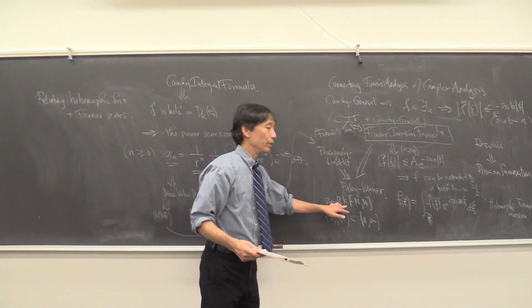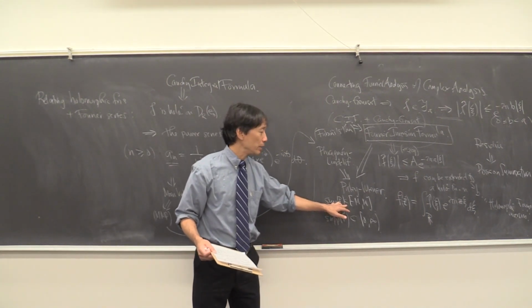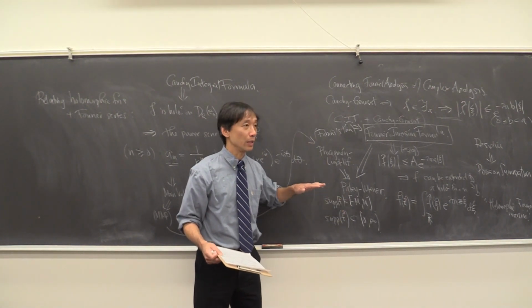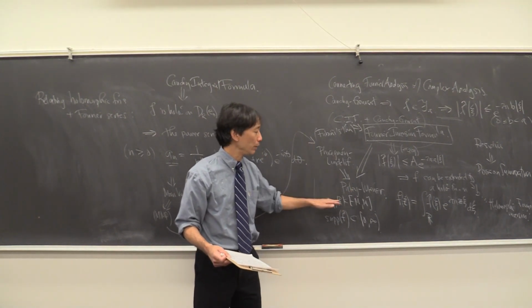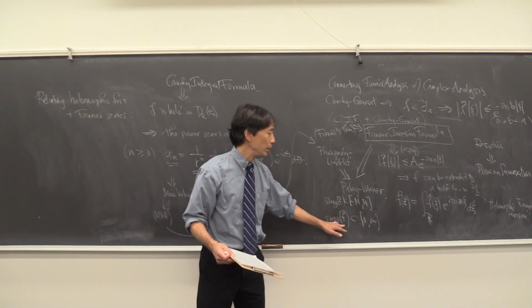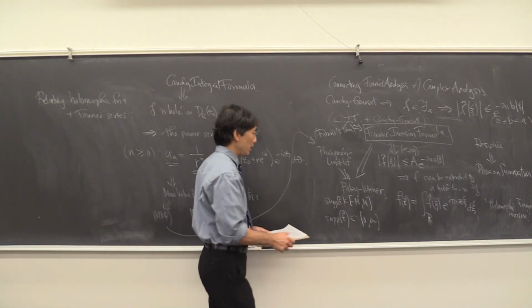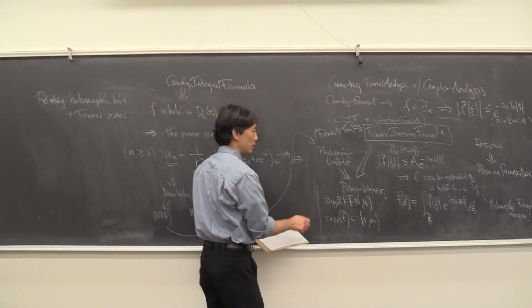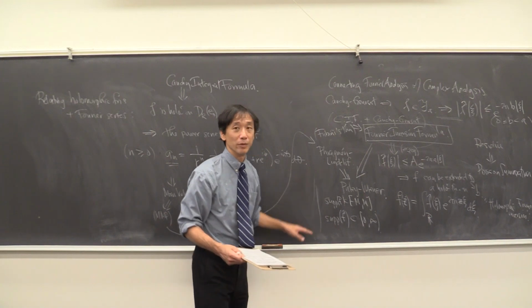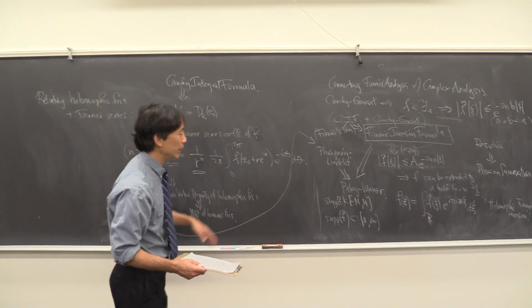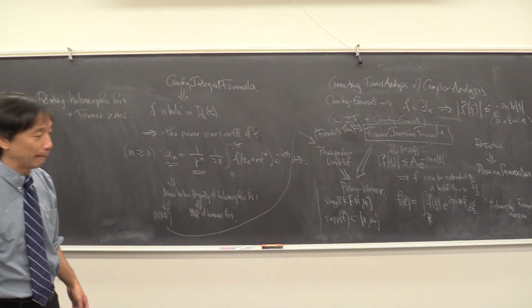This was the one where you could extend your function to an entire function in the plane with certain growth, and this was the one where you could extend it to the upper half plane. So these are apparently the two original theorems of Paley and Wiener. They're the classical Paley-Wiener theorems, and there are variations of them that came later.